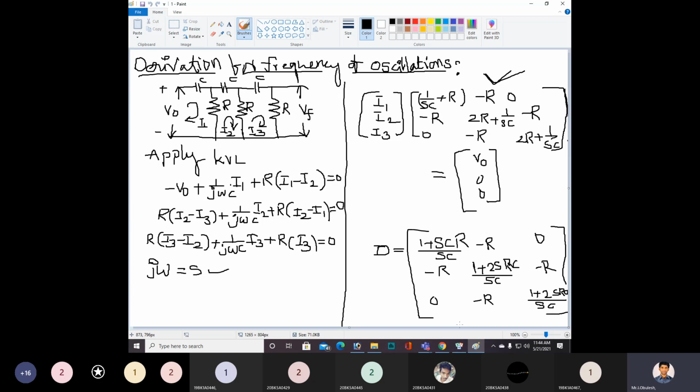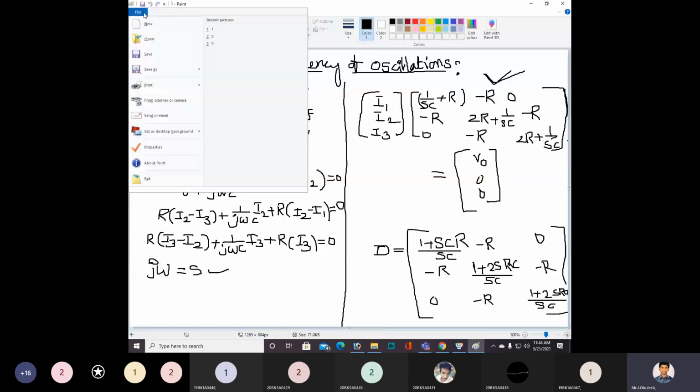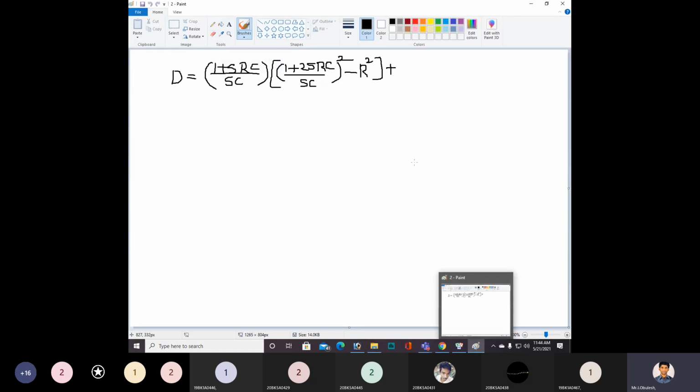Okay. Write it. R into minus R into 1 plus 2 SCR by SC plus 0.